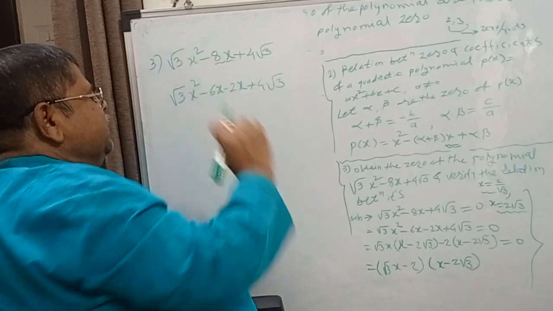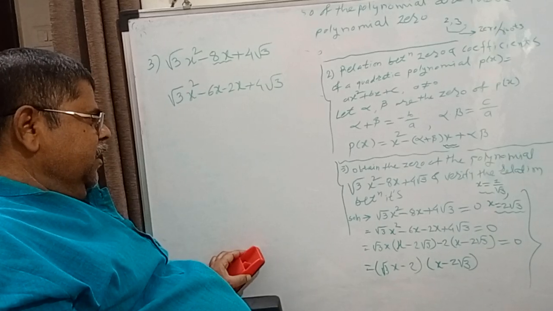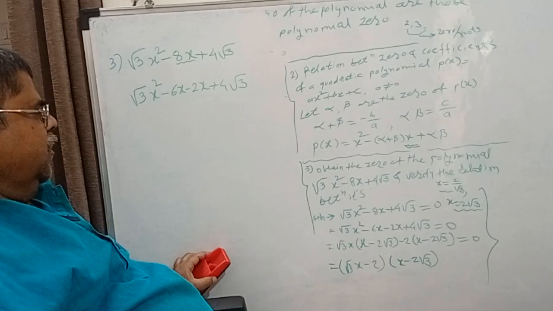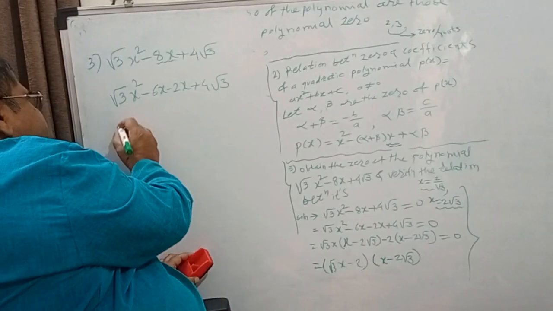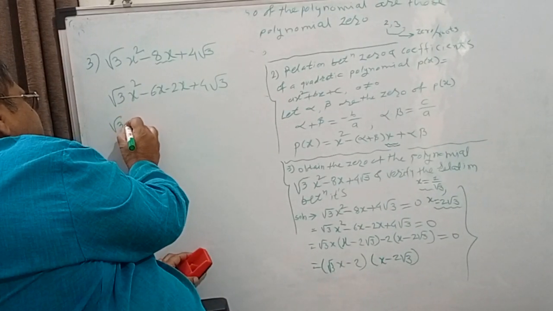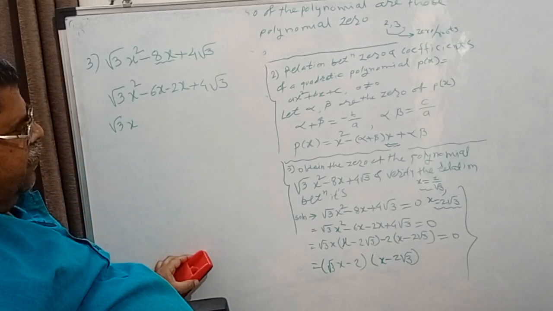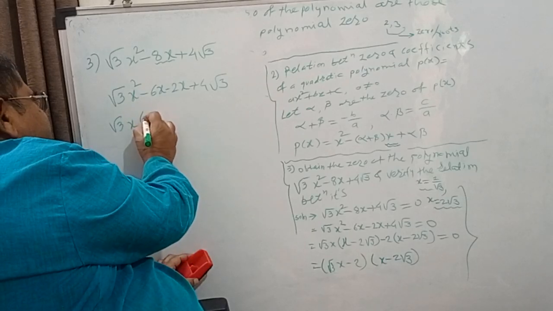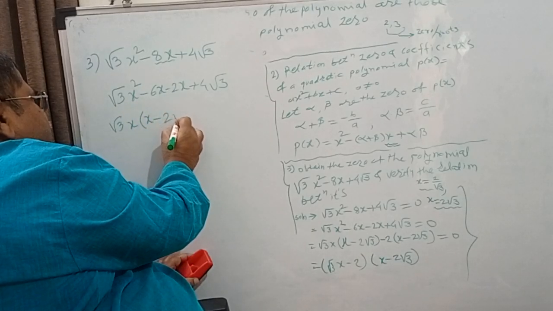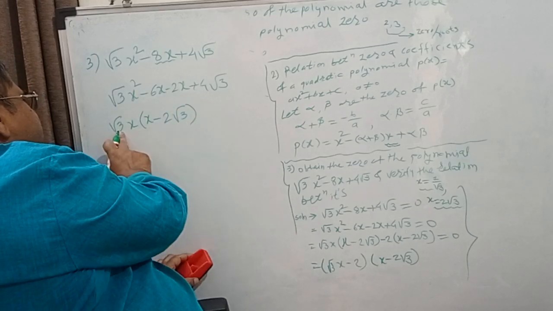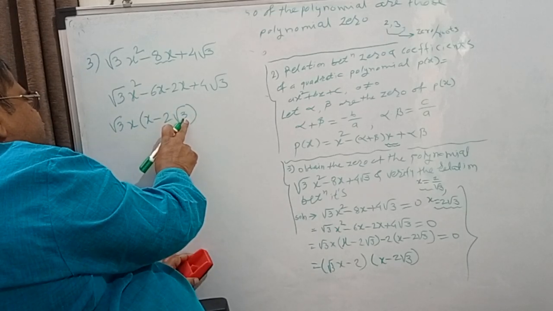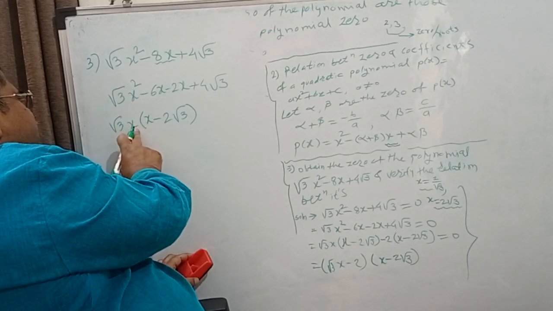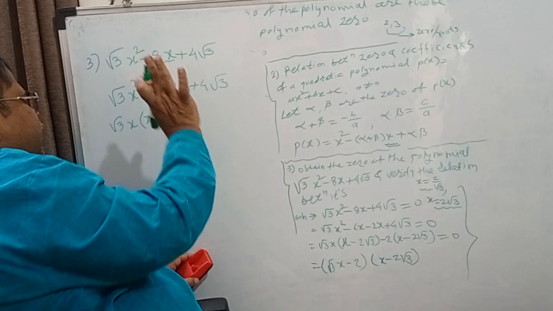Okay, therefore we get root 3 x here should be common. Then x minus 2 root 3, here should be x minus 2 root 3. Root 3 into root 3 is 3, 3 into 2 is 6x. Okay, root 3 into x into root 3 x, 3x square, like this.